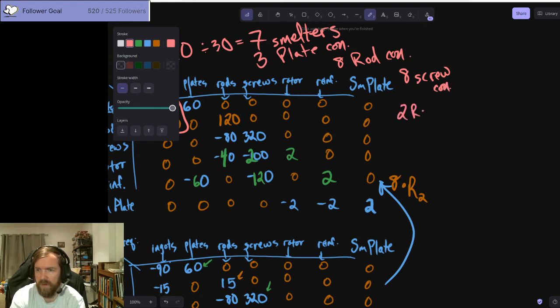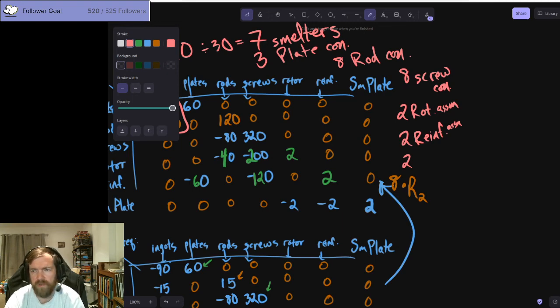Two rotor constructors and 2 reinforced assemblers. Which is going to get us to... No, that's in a minute, right? That's still per minute. Smart plate is 2 per minute. So we only need technically 1. And then the rotor and reinforced... That puts out 5.